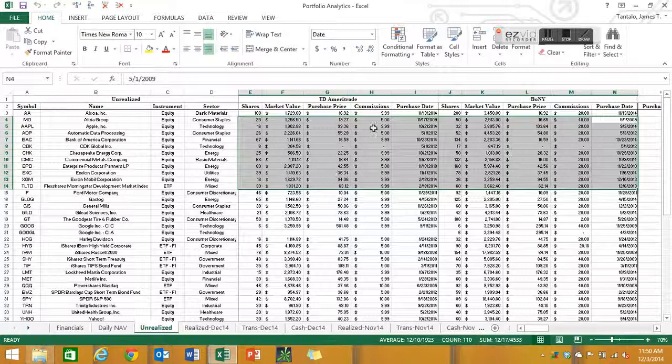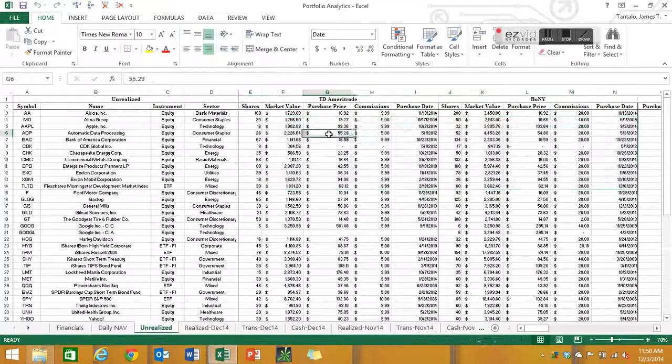We use two different brokers for that, so we have to keep records of both sides of any transaction. We'll buy some shares in one account and other shares in another account, and we'll keep track of it that way. So this first column is the number of shares. That's simply how many shares of stock we bought.